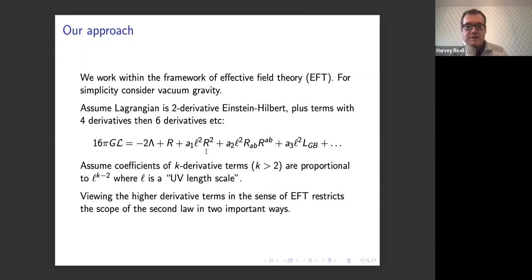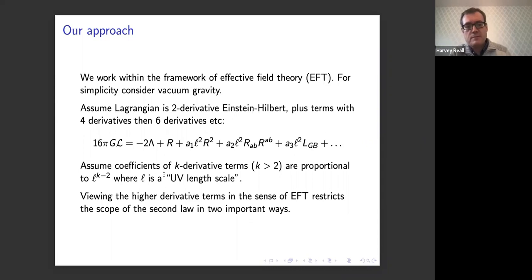So first we would add terms with 4 derivatives, and there are 3 possible terms we can add there. There's a term quadratic in the Ricci scalar, a term quadratic in the Ricci tensor, and then there's this Gauss-Bonnet term that I wrote down earlier, which includes the term quadratic in the Riemann tensor. These are all terms with 4 derivatives in total. Then we'd have terms with 6 derivatives, 8 derivatives, and so on.